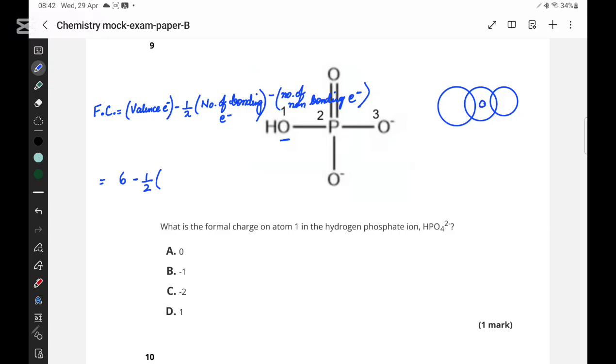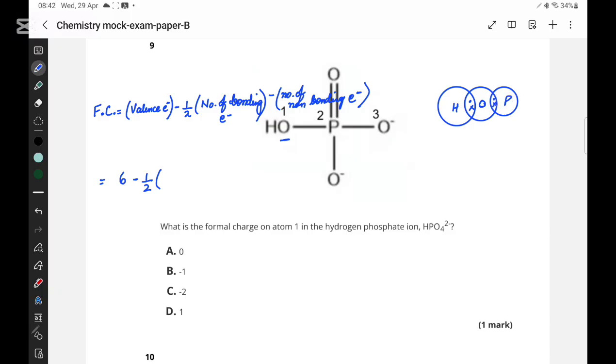Oxygen needs to complete 8 electrons in its outermost shell. It already has 6 electrons. It makes a single bond with this hydrogen, and with this phosphorus it is also making a single bond.